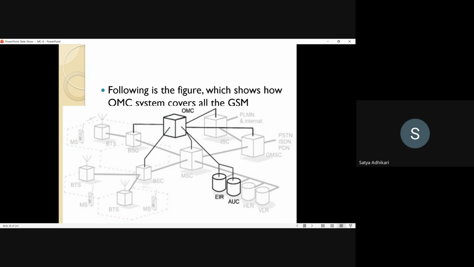So there is a BSC, BTS, MS. You see, there are different types of components there. So it controls, the OMC system covers all the GSM, other network, other components.